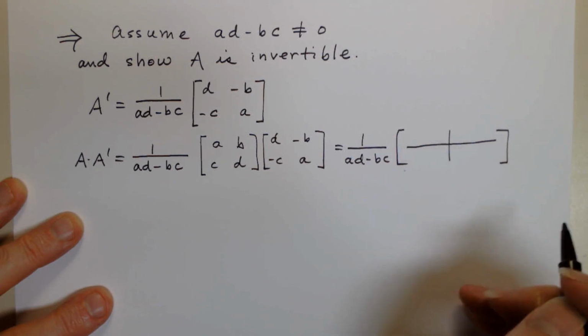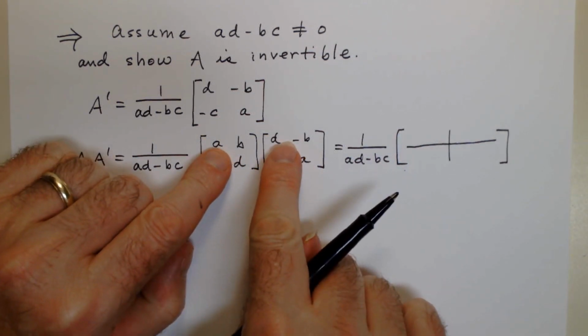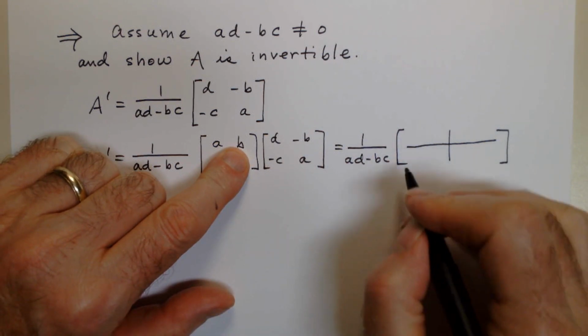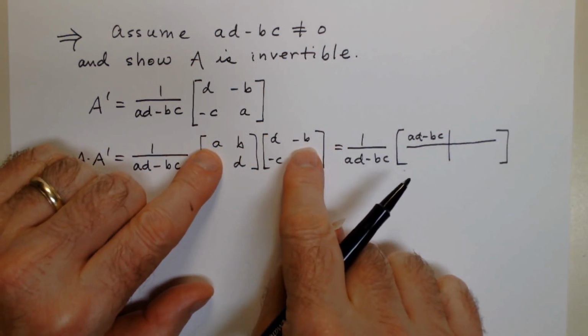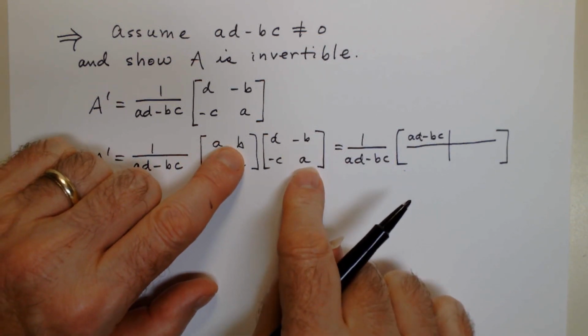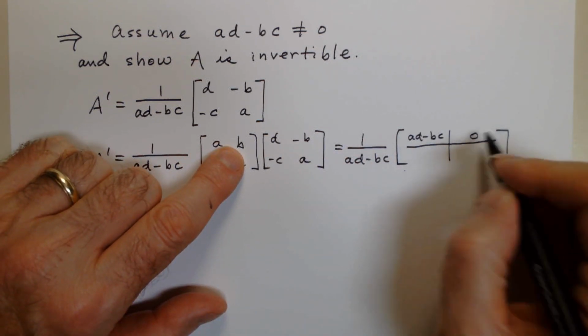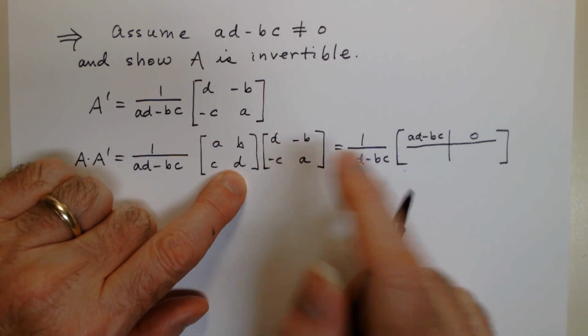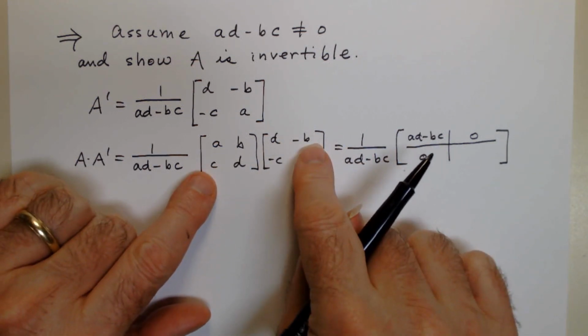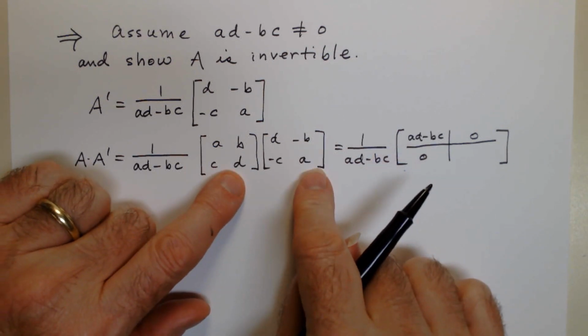Now let's look at the entries of the product. I'm going to have AD minus BC. I'm going to have a minus AB and a plus AB. A CD minus CD. Minus BC plus AD.